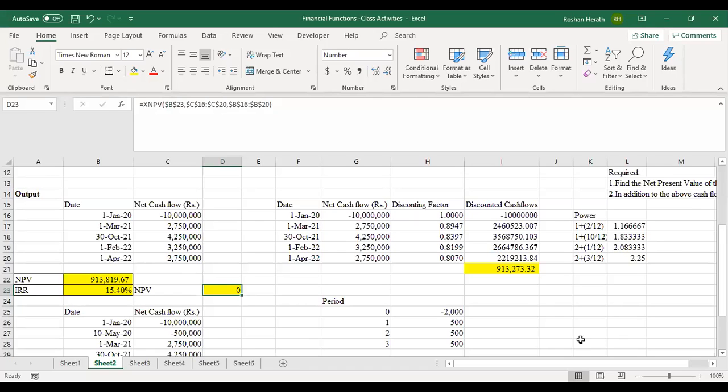So far, from the experience I have encountered, we may get one IRR. When it comes to these cash flows, once we compute the IRR using this XIRR function, what we have encountered so far is one IRR.